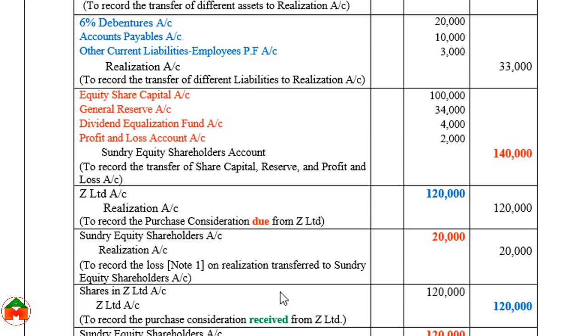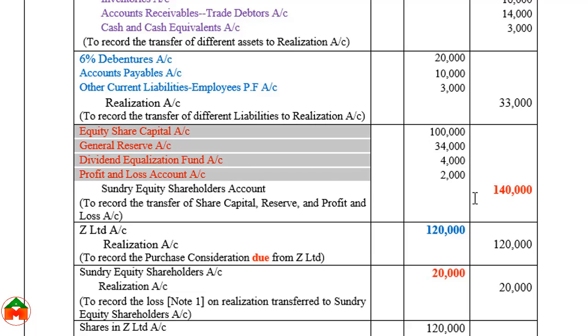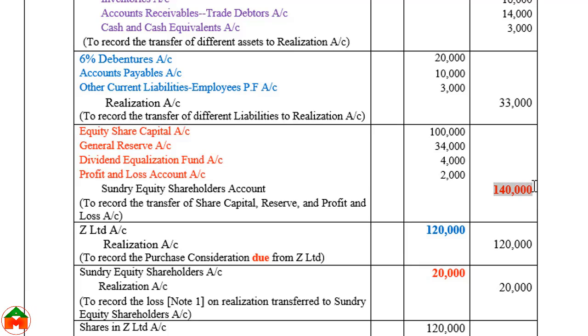And the next journal should be for the loss from the realization. We can see the X company is providing equity items of total 1,40,000, but it is receiving purchase consideration of Taka 1,20,000. So there is a loss of 20,000.